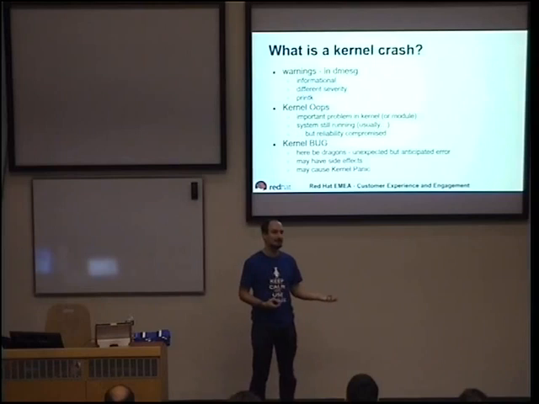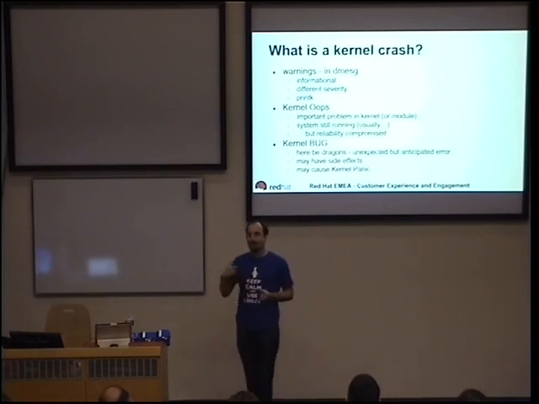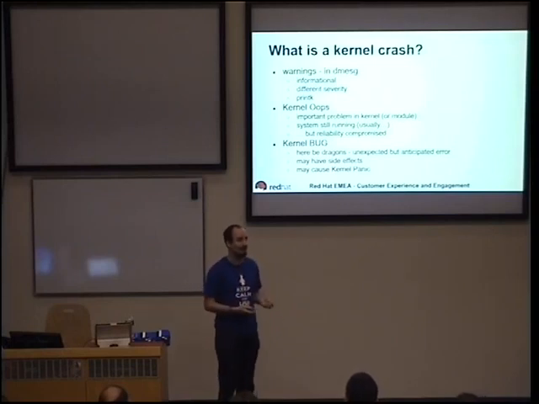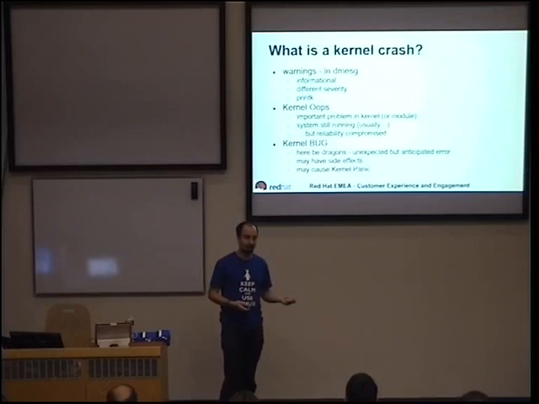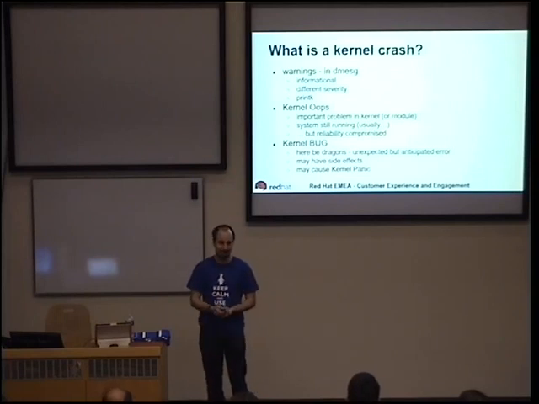It's anticipated, so the kernel developer said, okay, I'm going to track this, but you should never be there. Sometimes that bug is just informational, so you can say, okay, that happened, do something about it, you might have side effects later. But it can also cause a kernel crash, so actually crash the system.